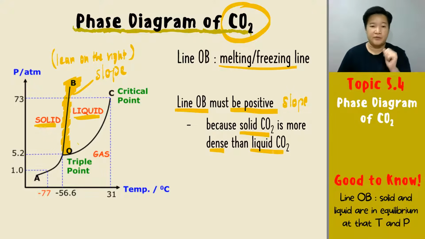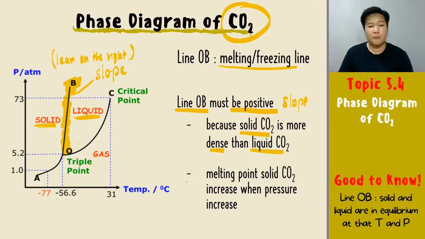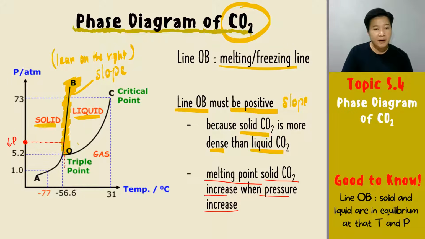Okay, and the second piece of information that you can get from this line is that the melting point of your solid CO2 will increase when the pressure increases. Let's see. So this is my lower pressure over here. When the pressure is very low, you can see that is my temperature. My temperature is also very low. But what happens if my pressure is higher?